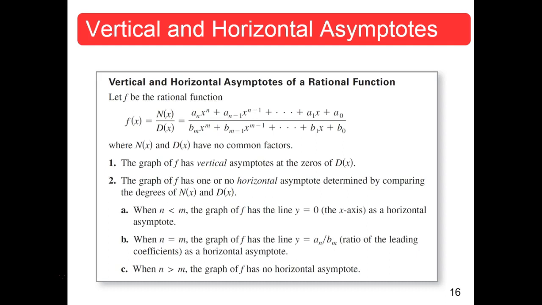So in every case, do the ratio of leading terms. If you wind up with x in the numerator, no vertical asymptote. X in the denominator, y is equal to 0 is your horizontal asymptote. And if those two are equal, then the ratio a sub n over b sub m, that's your horizontal asymptote, whatever number that is. It's pretty straightforward. Any questions about that?